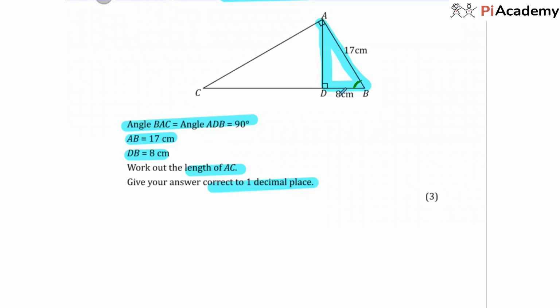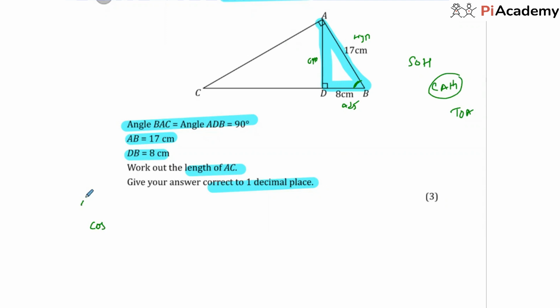So from triangle ADB, you're given, see, this is the opposite side, this is the adjacent side, and this is the hypotenuse. So you're given the adjacent side and hypotenuse, so you'll be using cos.